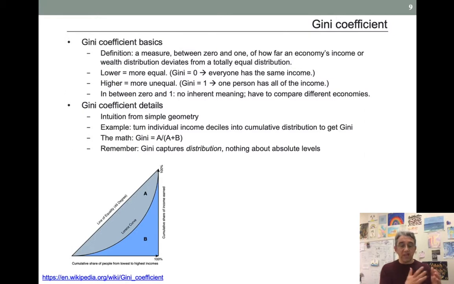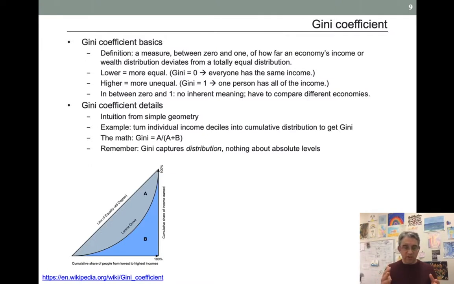But let's go through that distributional piece and imagine how you come up with this. So imagine lining up everybody here on the horizontal axis from lowest income to highest income, and then stacking up the income on the vertical axis. So you have one person, the lowest income person and their income, the next lowest income and their income on top of that. And that goes all the way through until you have 100% of the people in the economy and 100% of the income.